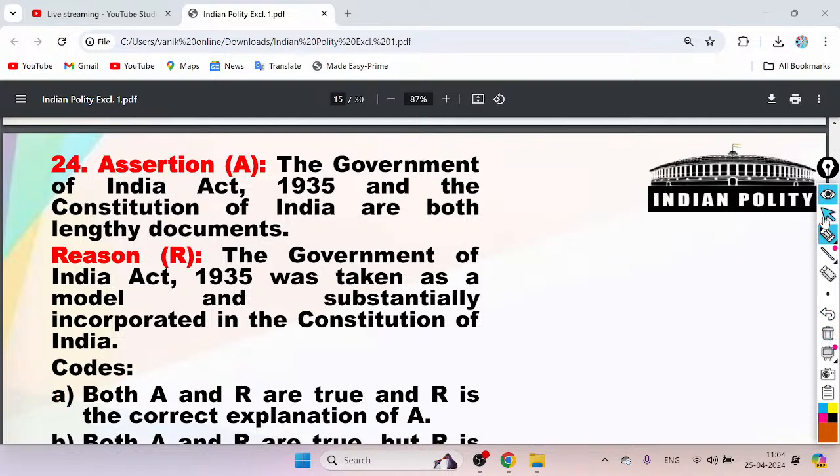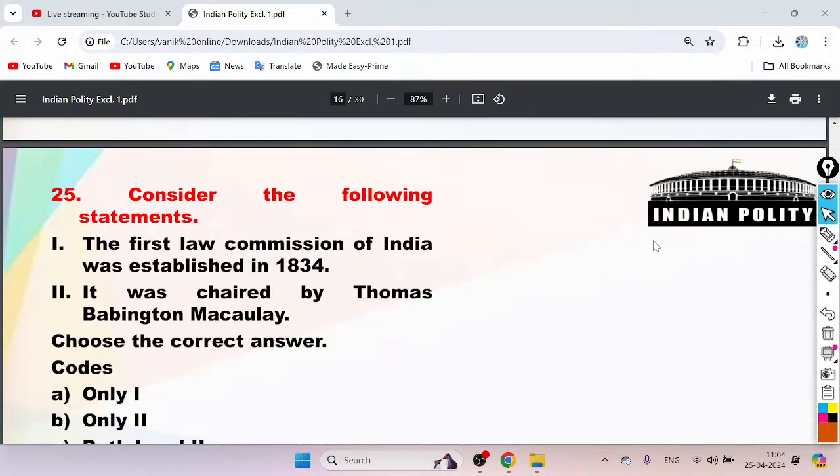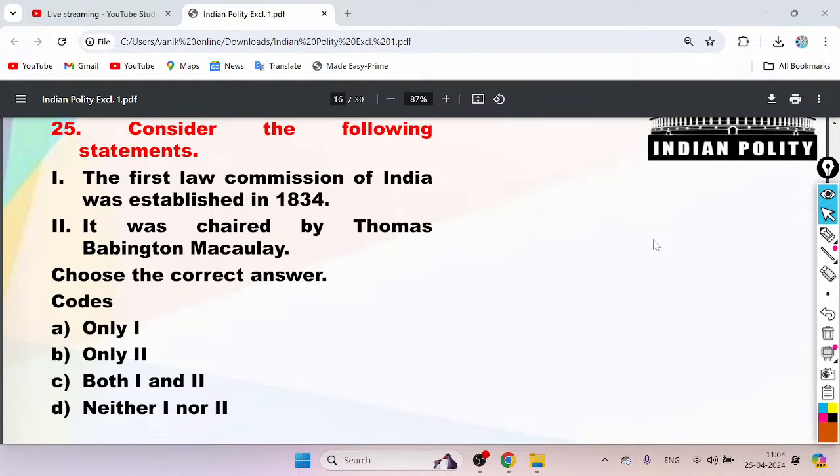25. Consider the following statements. The first Law Commission of India was established in 1834. Yes. It was established under the Charter Act 1833. It was headed by Thomas Macaulay, and it had a tremendous contribution to India's legal system. It recommended the framing of the Indian Penal Code and the CRPC, Criminal Procedure Code.